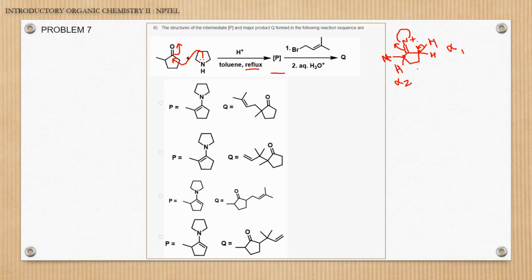So here you have to have a negative charge at this position, and a negative charge at this position. Which negative charge is more stabilized, alpha 1 or alpha 2? Tell me guys, which is more stabilized, alpha 1 negative charge or alpha 2?